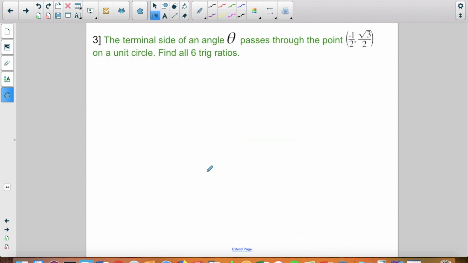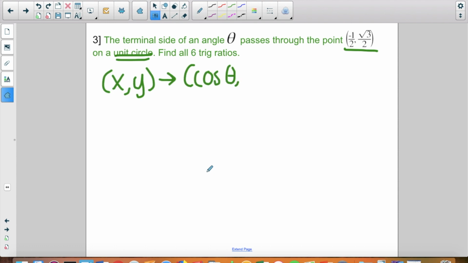Moving forward. It says the terminal side of angle theta passes through the point negative 1 over 2, comma, radical 3 over 2 on a unit circle. Now, we did a problem almost exactly like this yesterday, and you're going to see how this fact, (x, y) is (cosine theta, sine theta), is going to help us so much.